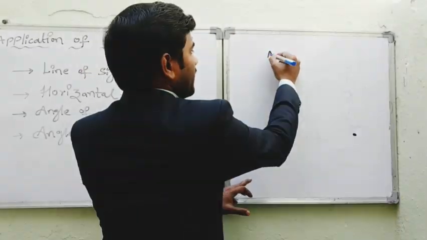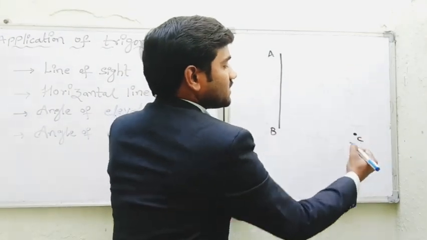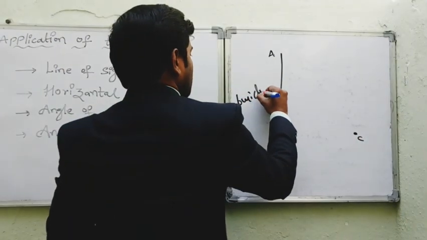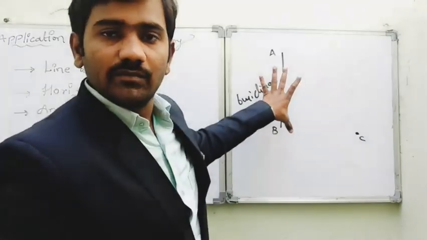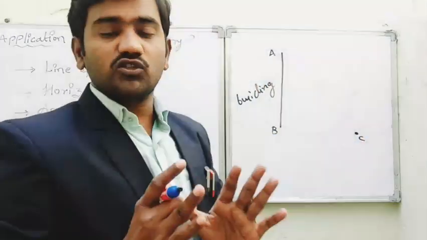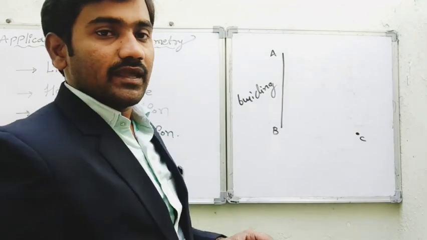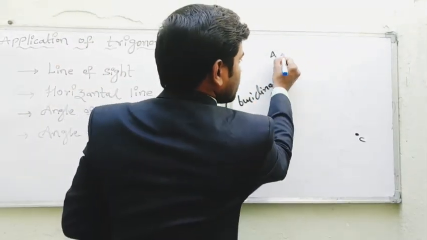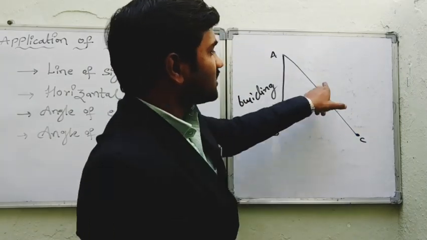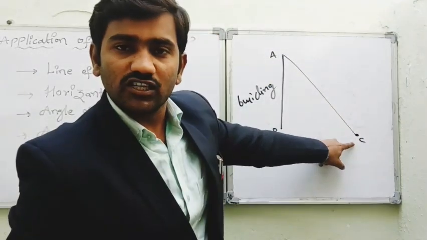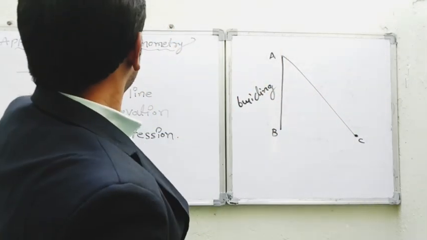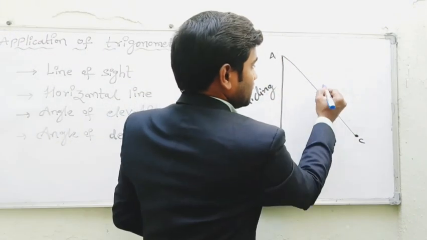Suppose here A, B and C. AB is a building and C is the position of the observer. Then you are observing the top of the building. You are observing from C to the top of the building A. This is known as a line of sight.